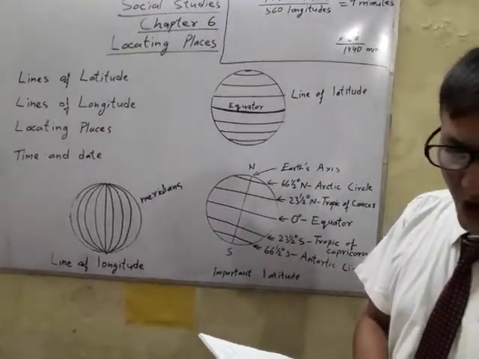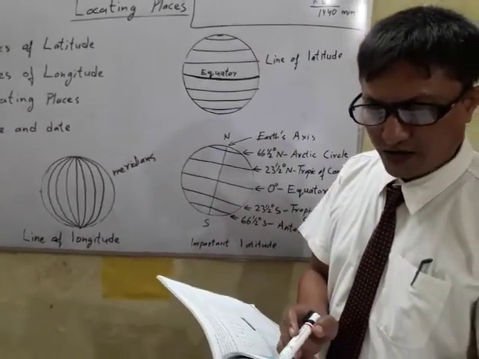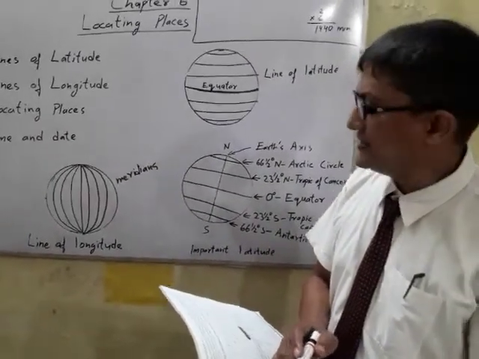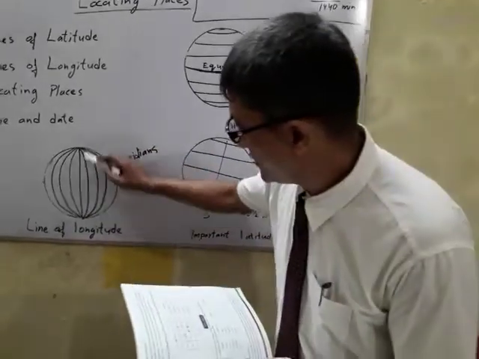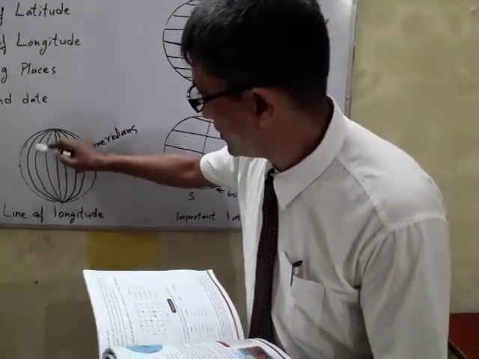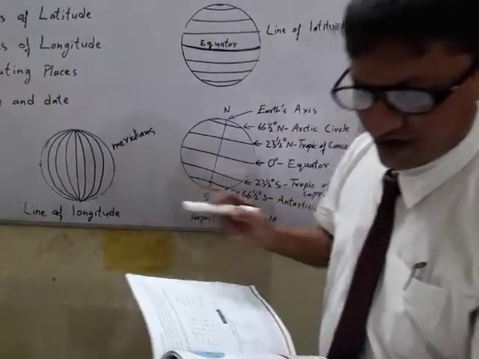There are 360 degrees of longitude and all of them are equal in length.